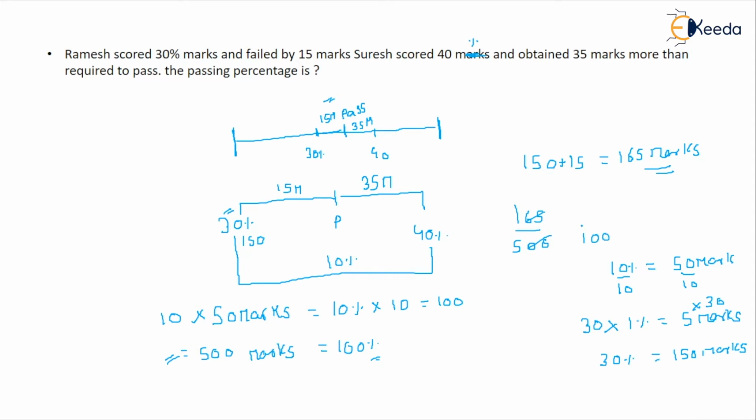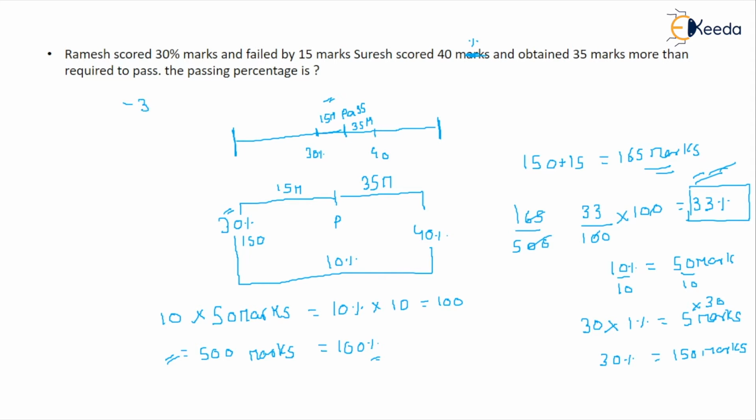So 100, and this comes out to be 33 by 100. You need to convert it into percentage, so multiply by 100. This fraction, whatever the fraction, if you need to convert it into percentage, you will multiply it by 100. So this comes out to be 33%. So the passing percentage is how much? 33% is the passing percent. So this is your answer.